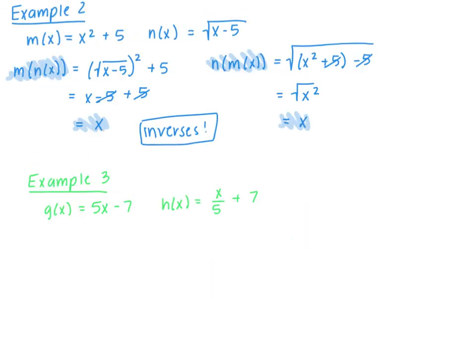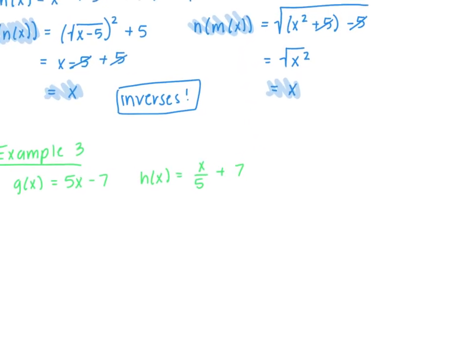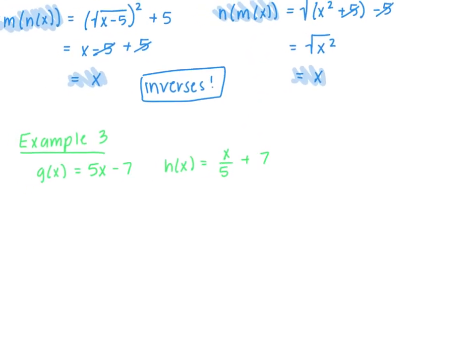Okay, let's look at one more example. So we have g of x equals 5x minus 7 and h of x equals x over 5 plus 7. So let's first do g of h of x. So in the place of the x, we are plugging in x over 5 plus 7.